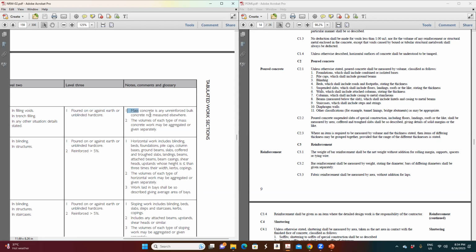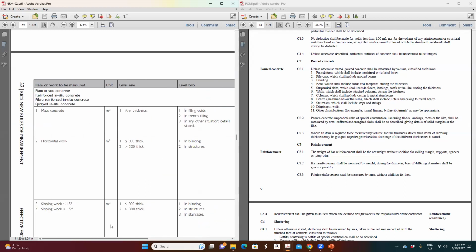Okay, let's read it here. We will understand clearly more details. Mass concrete is any unreinforced bulk concrete not measured elsewhere. Okay, now you clearly understand what they said here. This talks about the mass concrete, not the reinforced concrete. So reinforced concrete cannot be measured under this item.